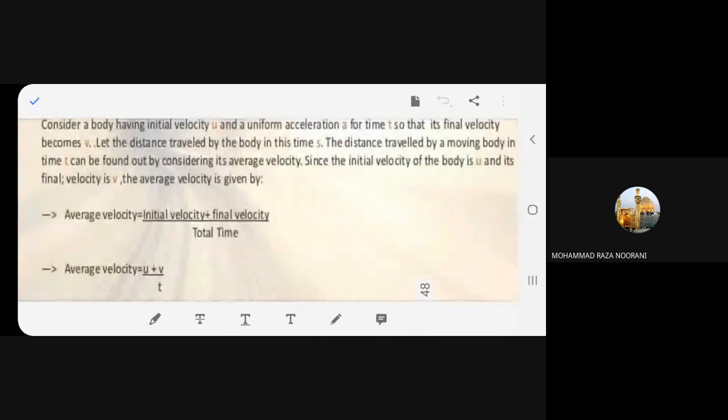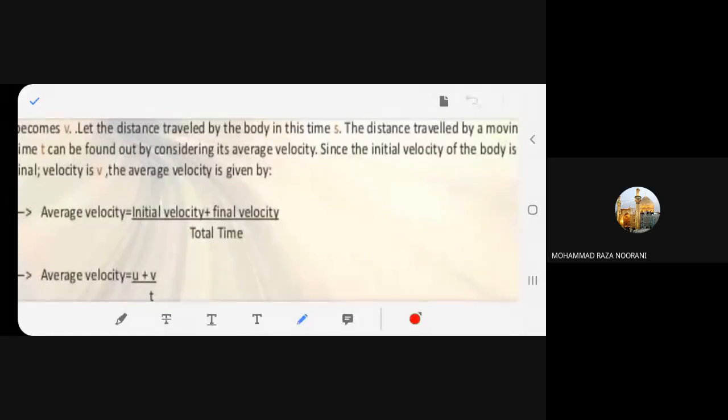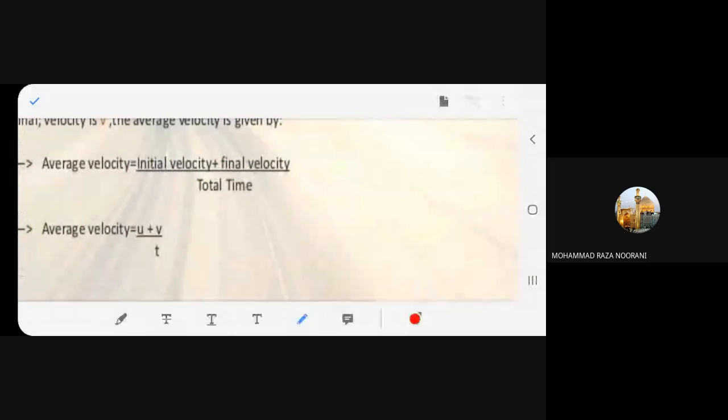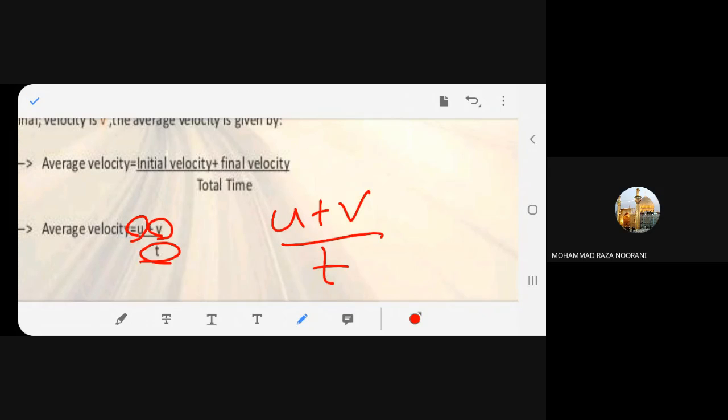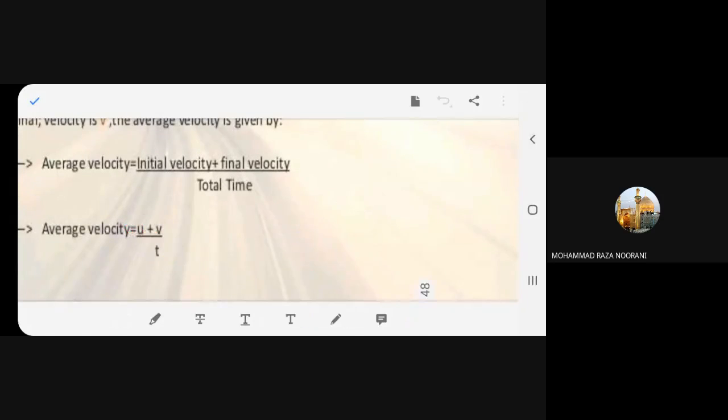So the average velocity is initial velocity plus final velocity upon 2, that is u plus v upon 2. This much, have you followed? See, I'm not equating it with the graph. This is just a derivation that you can get ut plus half at square as well.